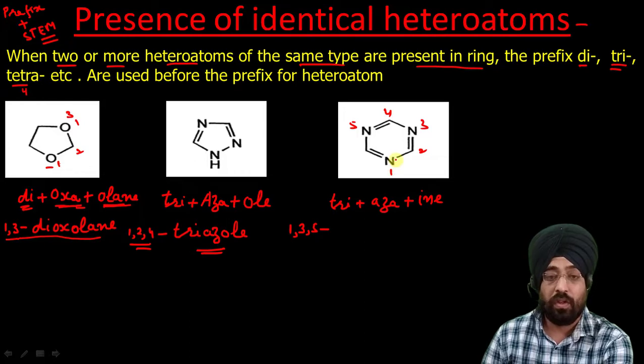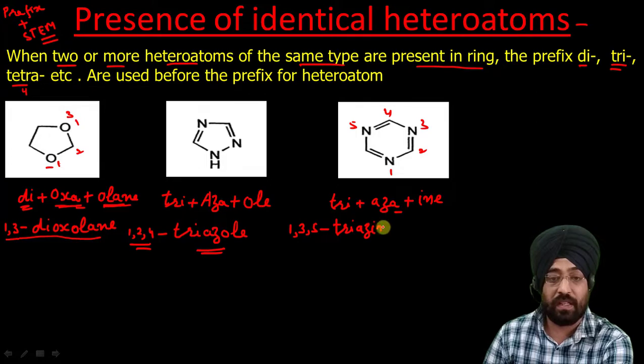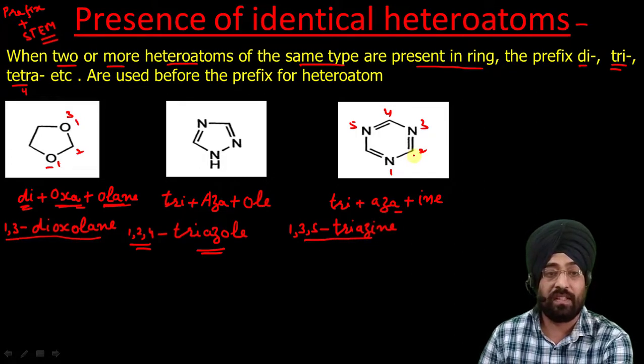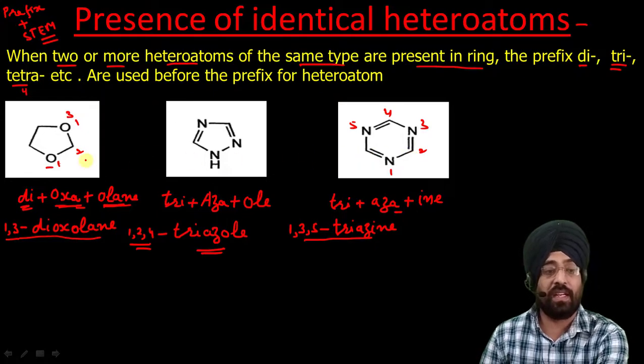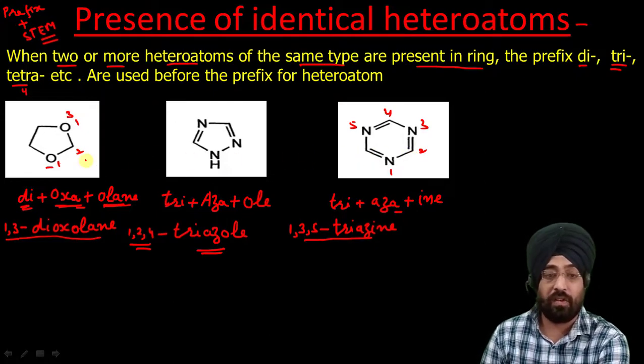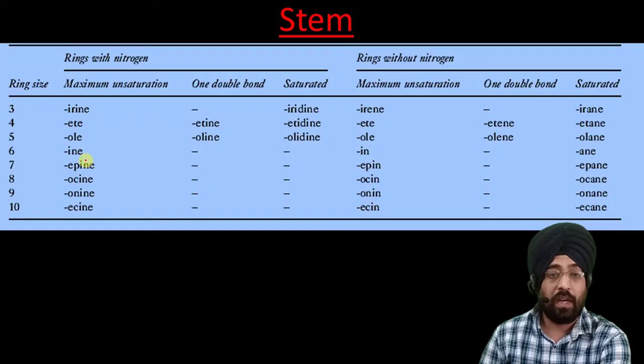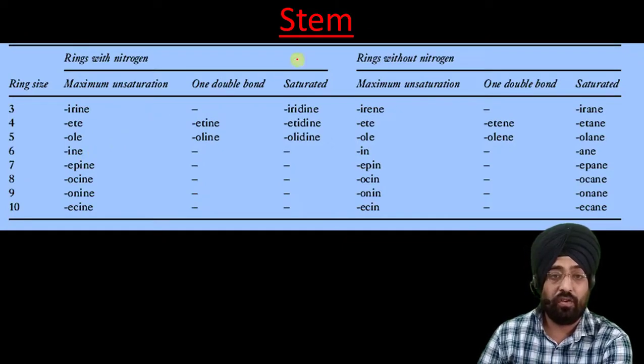Just learn how to give a name when we have more than one heteroatom. So 1,3,5-triaza, we have to drop this a, triazine. That is its name, 1,3,5-triazine. So that was the case when we have more than one heteroatom in the heterocyclic ring. Now as I said, I will share with you the table that I shared with you earlier.